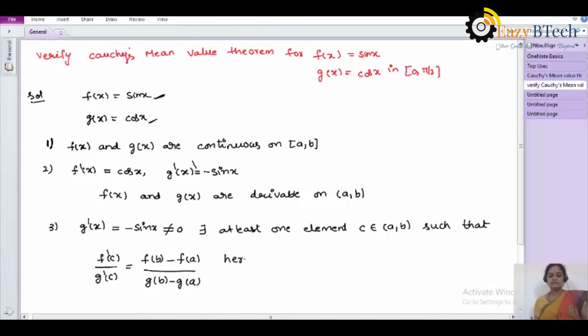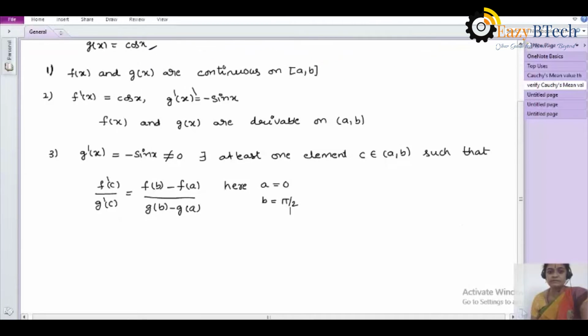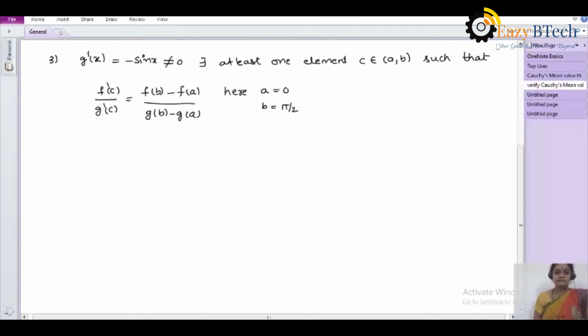So here the values of a and b are: a is 0 and b is pi by 2, which was given in the question, the interval 0 to pi by 2. So now finding all the corresponding values. Using the second condition, f dash of c is cos c, and g dash of c is minus sin c.